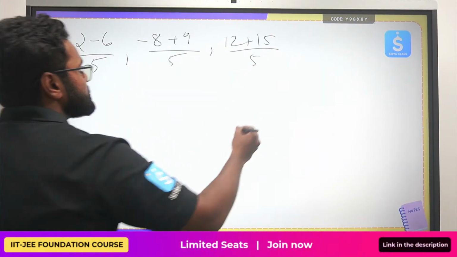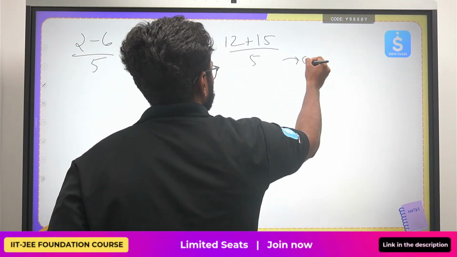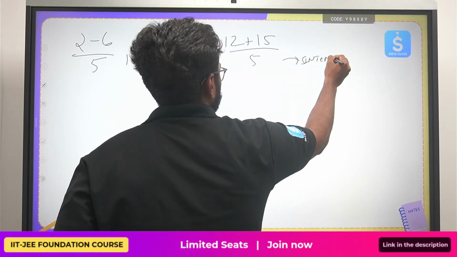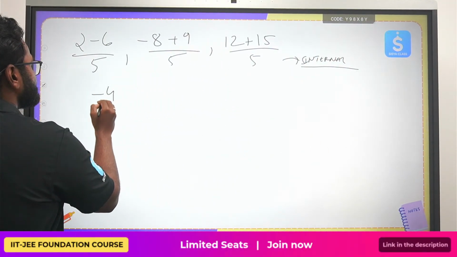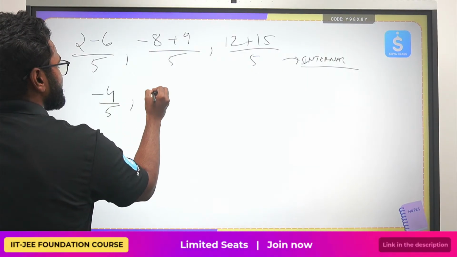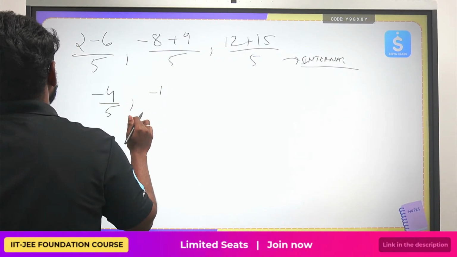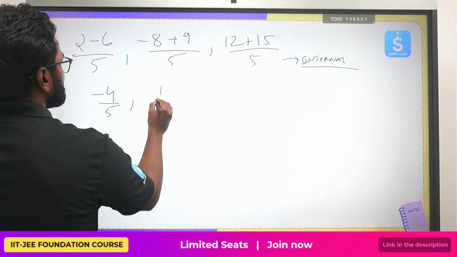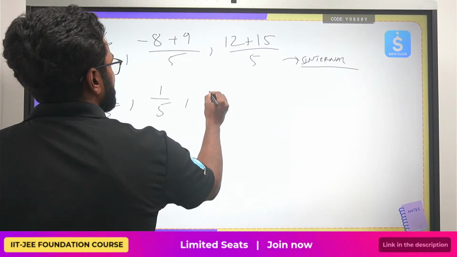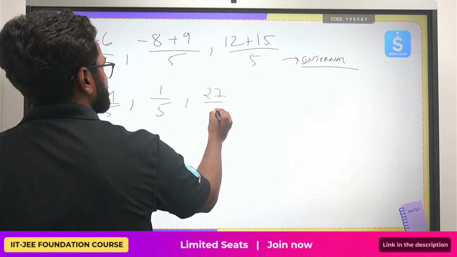This is for internal. So this would be minus 4 by 5, comma 1 by 5, comma 27 by 5, right?